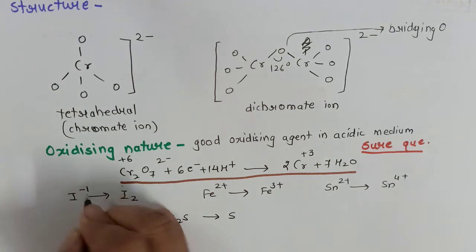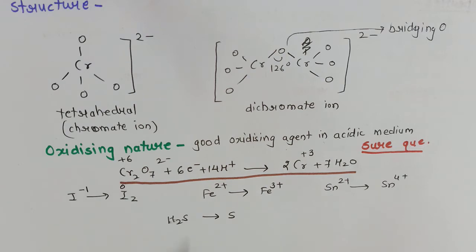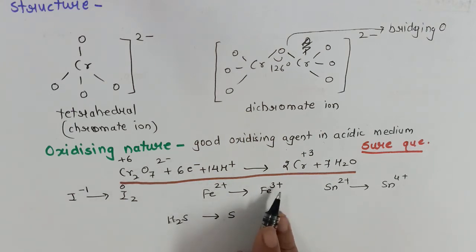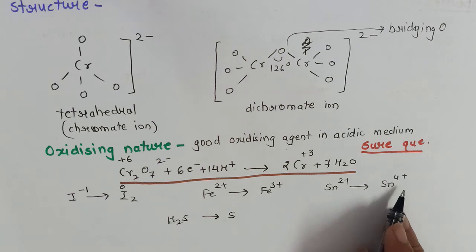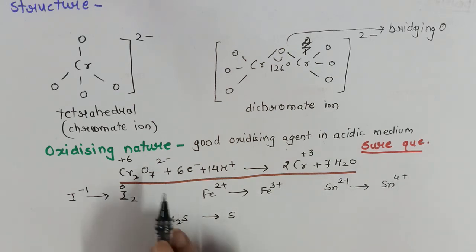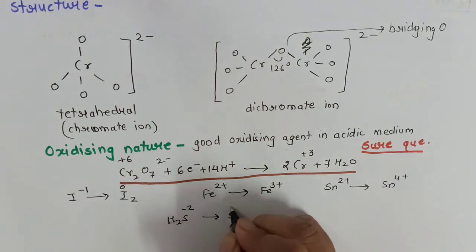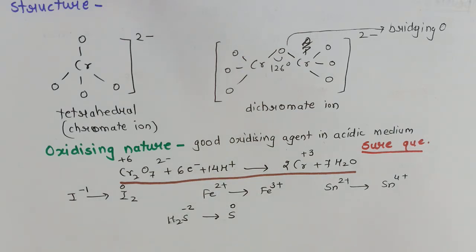Here it is from -1 to 0 oxidation state. During the conversion of ferrous to ferric, the change in oxidation number is 2 plus to 3 plus. During the conversion of stannous to stannic, it is from 2 plus to 4 plus. And when dichromate oxidizes hydrogen sulfide, sulfur shows oxidation state -2 and it gets oxidized to 0.